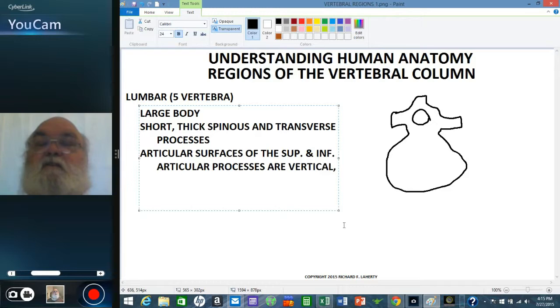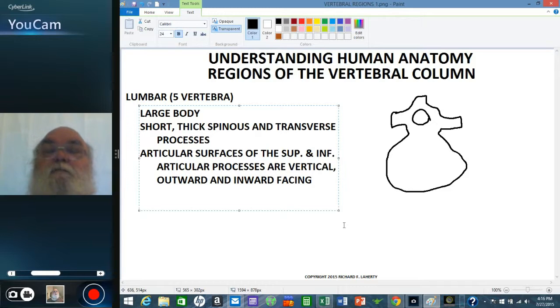They face outward and inward. That means that the vertebra in the lumbar region cannot really rotate. When the vertebra starts to rotate around the body, the articular processes bang into one another and it prevents movement. So the lumbar vertebra do not provide for rotation.